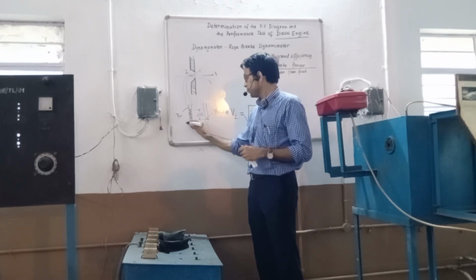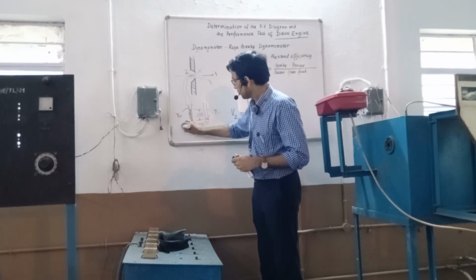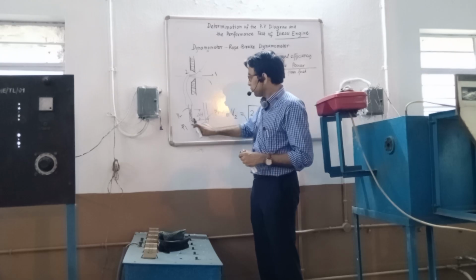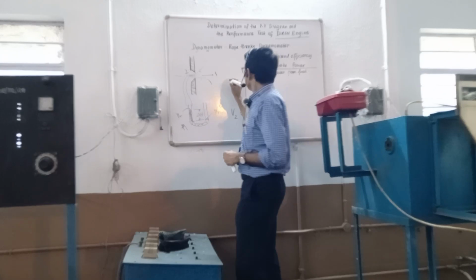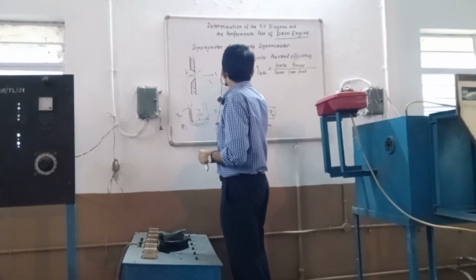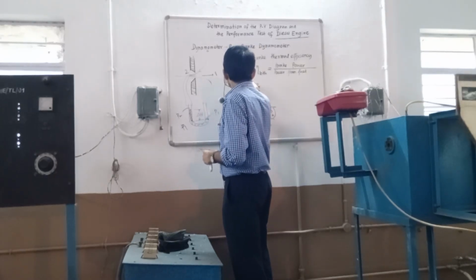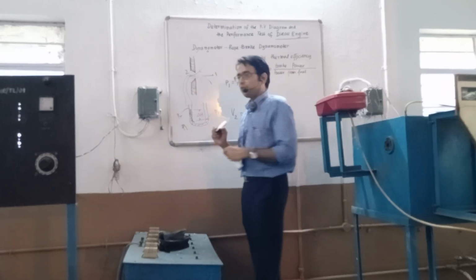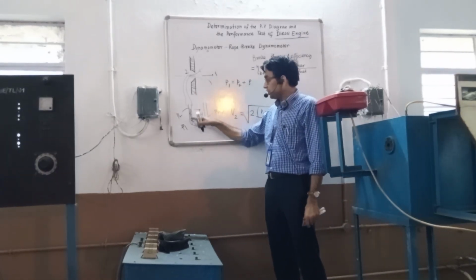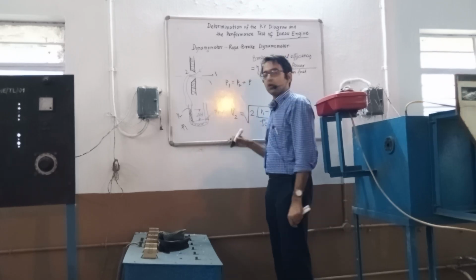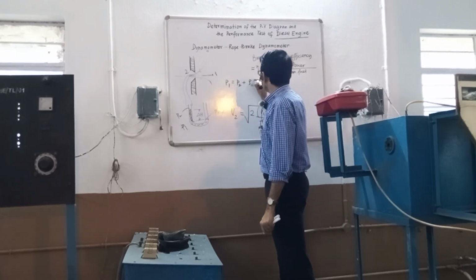So P1 is equal to P2 plus the pressure due to this, P2 plus rho of the manometric fluid, which is water, so rho water g delta H.